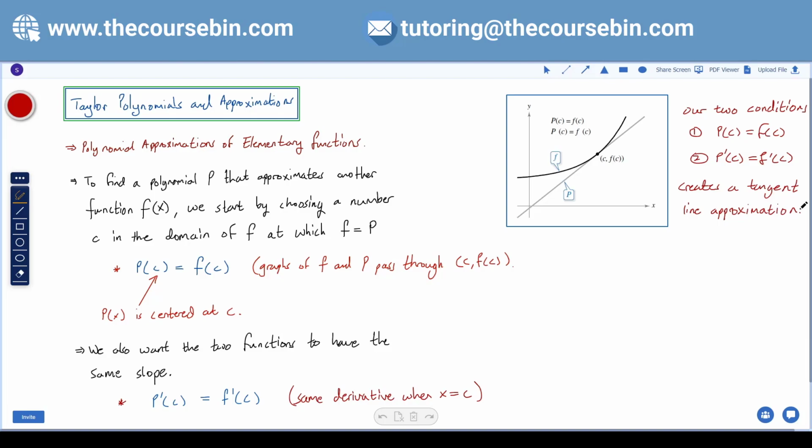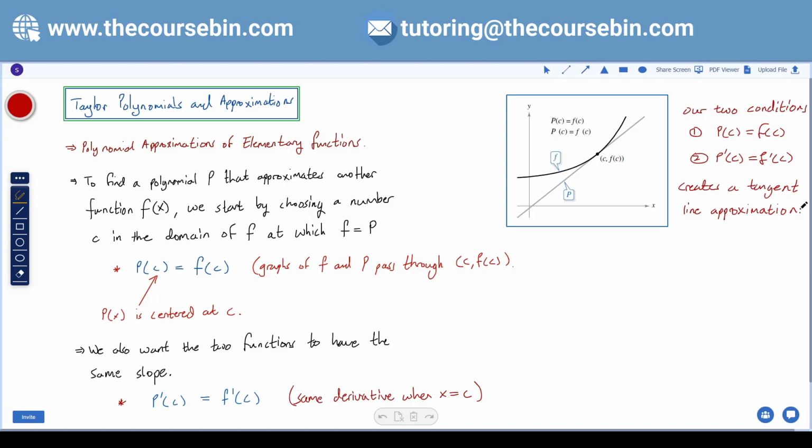So this is the fundamental thing to understand here: we're requiring the polynomial to be equal, and its derivative has to be equal. So what happens when we require that the second derivative also has to be equal and the third derivative also has to be equal?